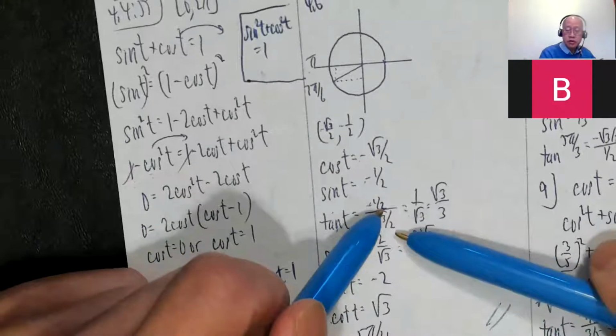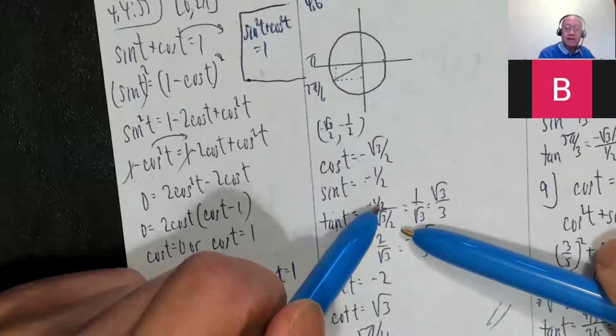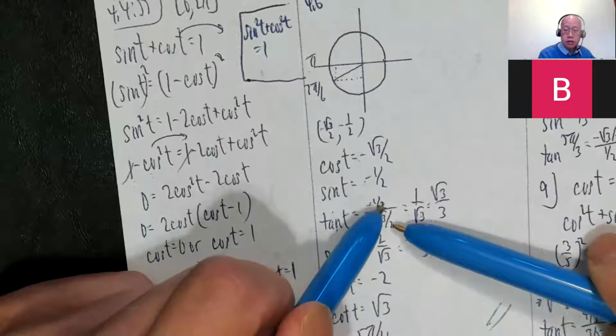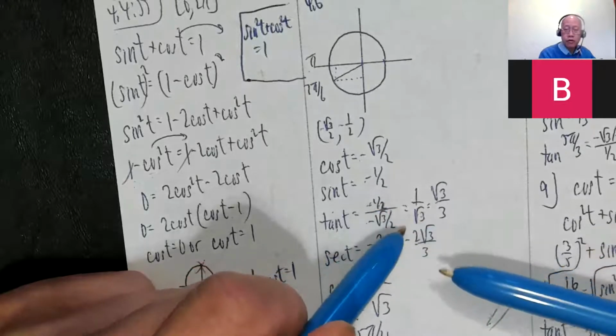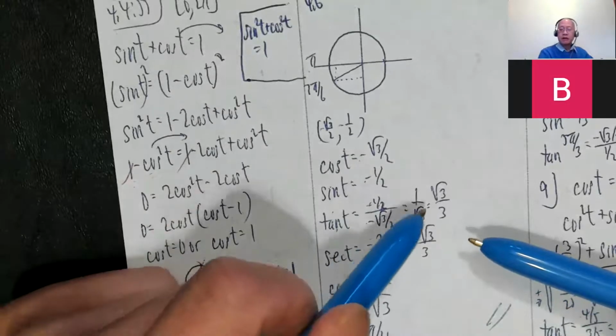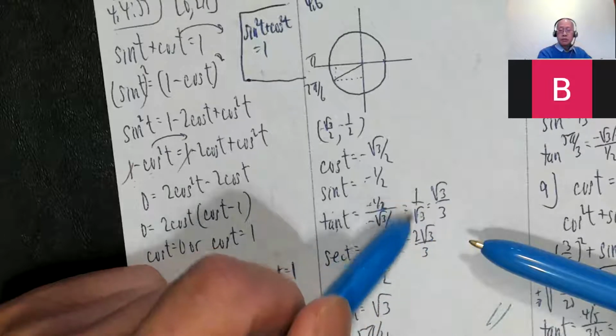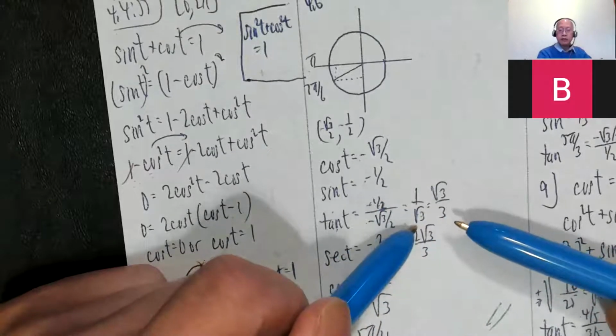See this 2 here and this 2 here? You just cross them out. If you're dividing top and bottom by the same thing, you're allowed to cross them off. So in other words, you can just cross off that 2, cross off that 2. So I have 1 over radical 3. If you wish to rationalize the denominator, you can call it radical 3 over 3. But if you leave it as 1 over radical 3, that's okay by me.